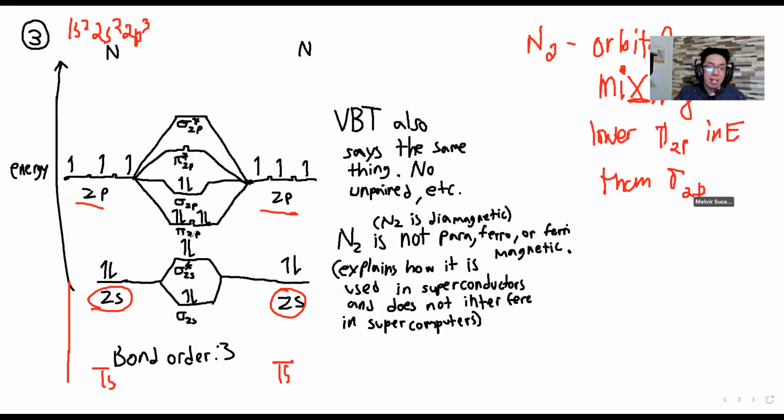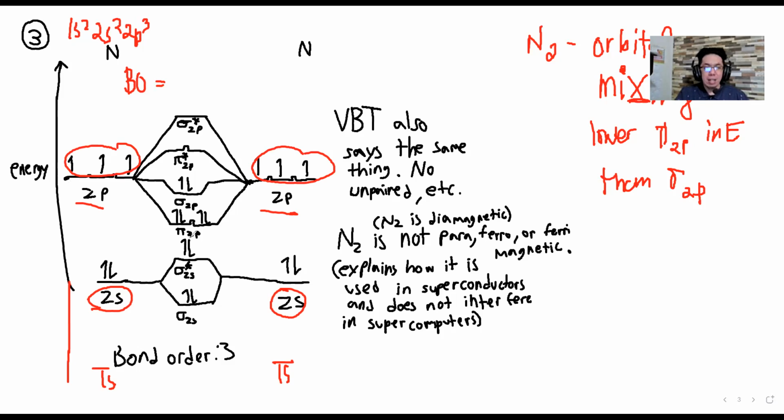That's correct. So if that is the case, combine the 6 electrons: 2, 4, 6. So what's your bond order here? What's the formula for bond order, Josh?